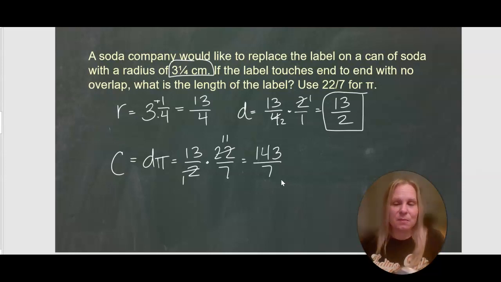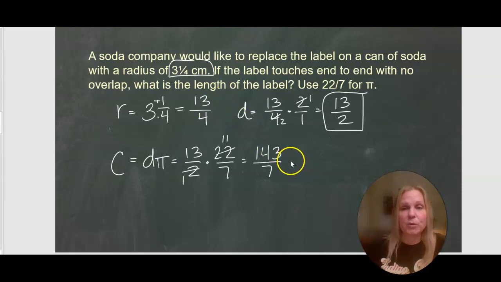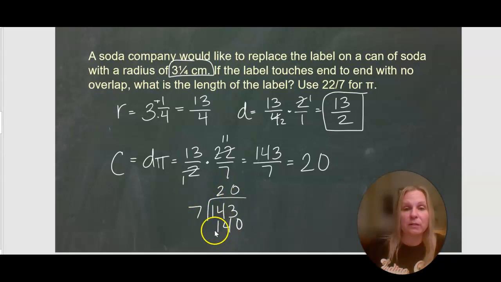That's not divisible, but I'm guessing since they gave me the measurement as a mixed number, they might want me to give this as a mixed number. So 143 divided by 7 goes in 20 times, because that's 140, with 3 left over.